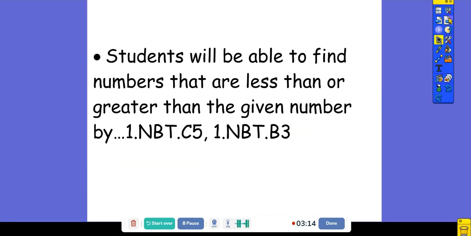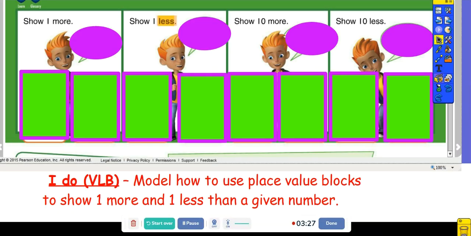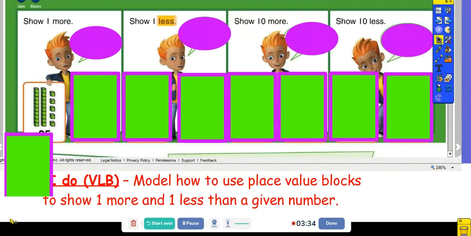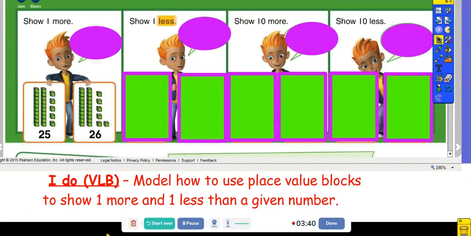So during today's lesson, students will be able to find numbers that are less than or greater than the given number. So if we want to show one more, if our original number is 25, to show one more, we're going to want to add one more 1 cube.